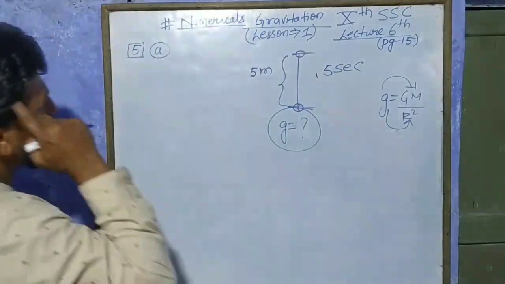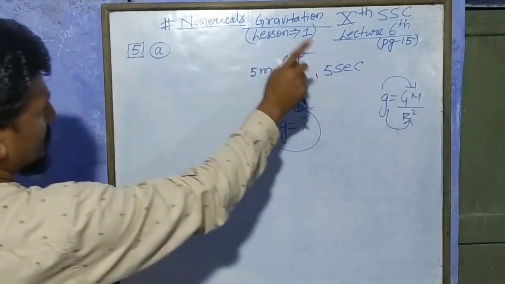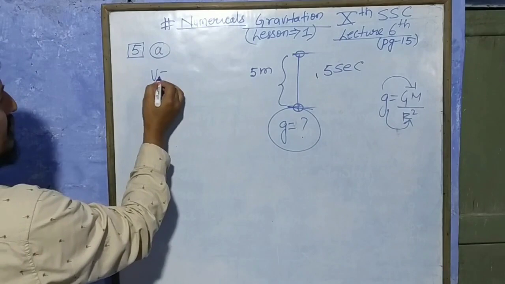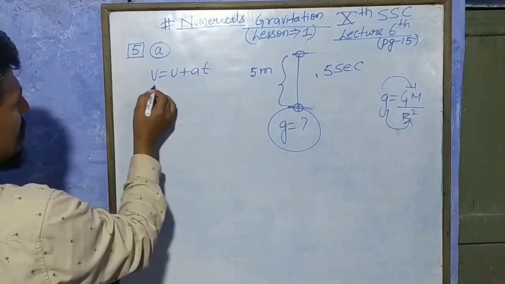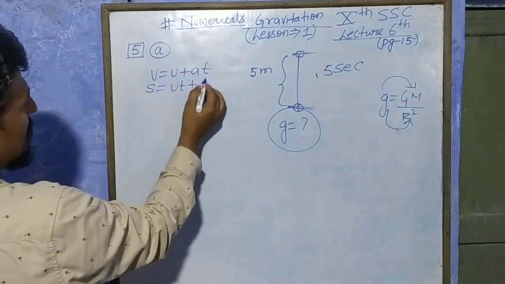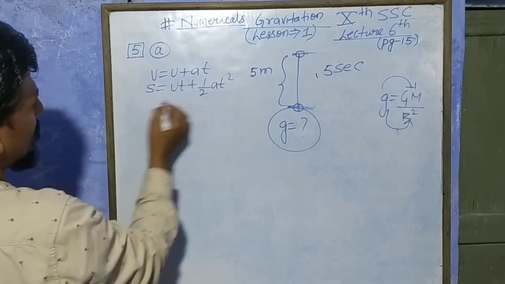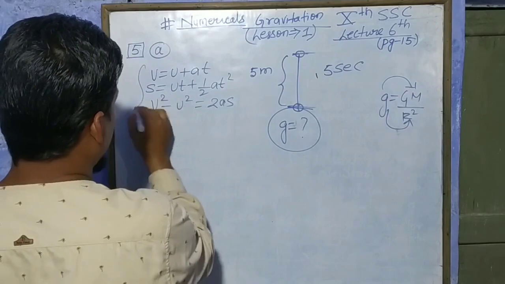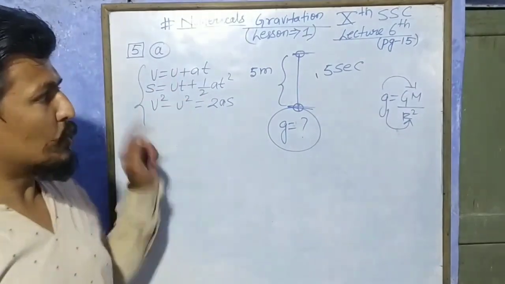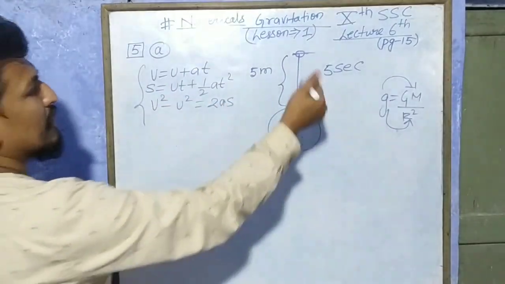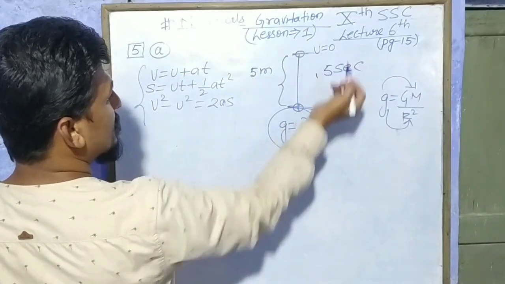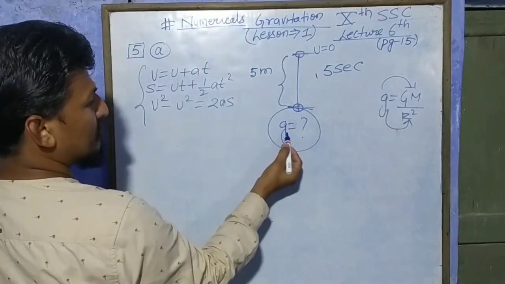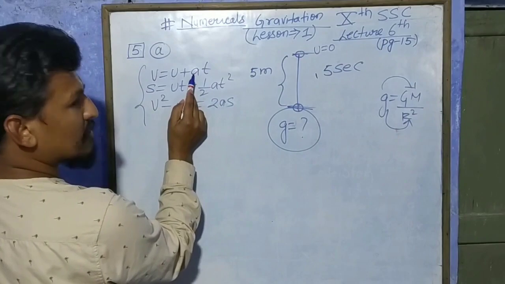Now in this question you have to make use of the formulas v equal to u plus at, s equal to ut plus half at squared, and v square minus u square equal to 2as. You have to choose which formula to use. Here u is 0, v is not given, and you have to find g, which means acceleration a.